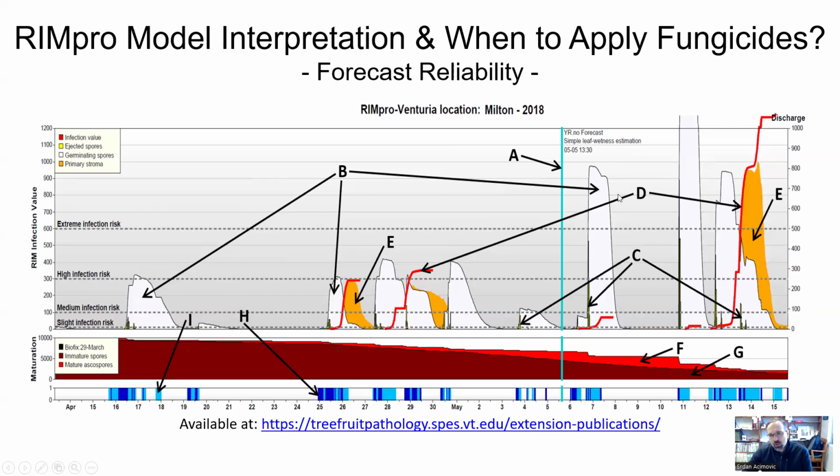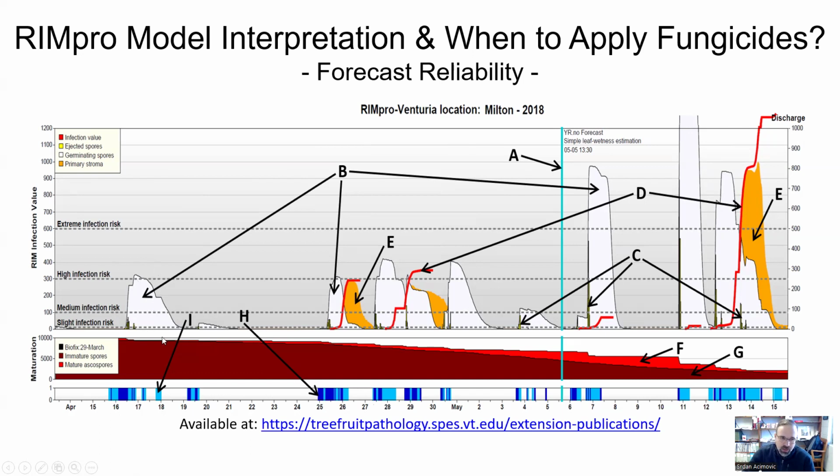Besides that, many times the spores can be released and can germinate, and we see the cumulative amount of spores that germinate. But many times the infection does not happen because maybe the temperatures are low, and it's generally too cold for infections to occur, even though the spores germinate.